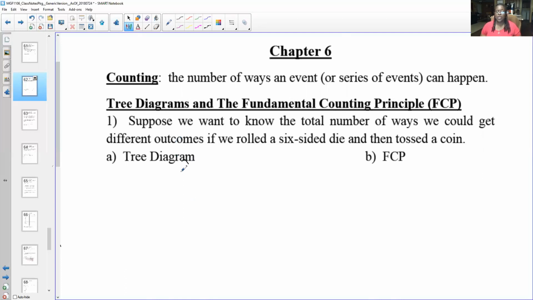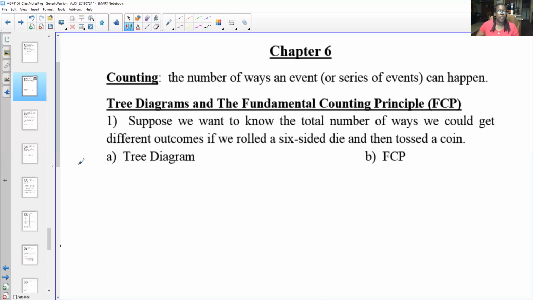If you're familiar with a tree diagram, it looks just like a tree, that's why it's called a tree diagram. It branches out, and its purpose is to list out what the outcomes look like. We don't really care what the outcomes look like. We just want to know how many different outcomes there are.